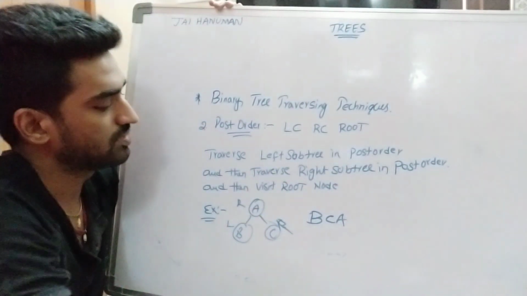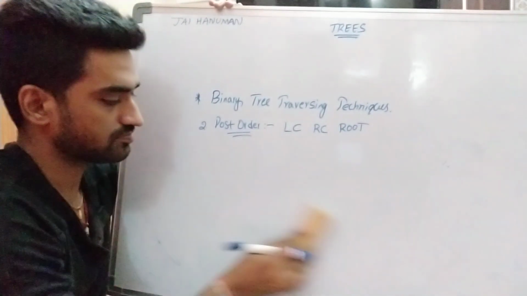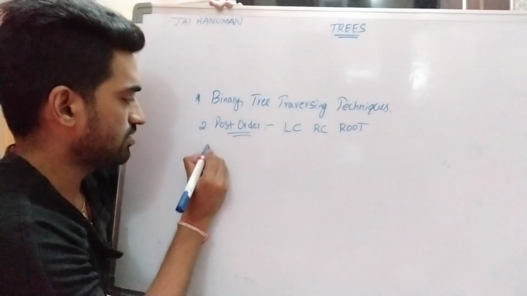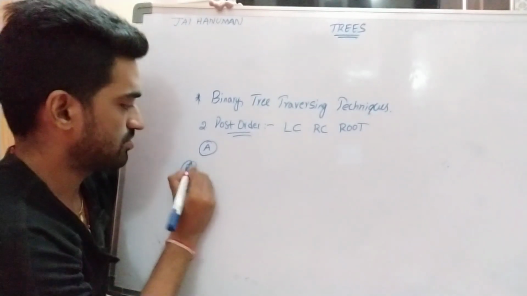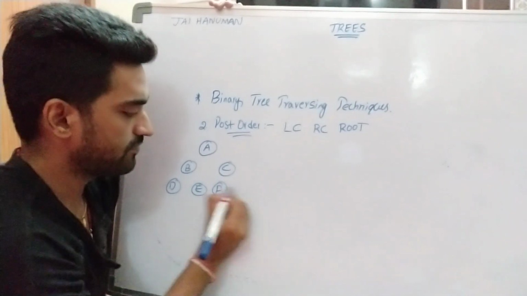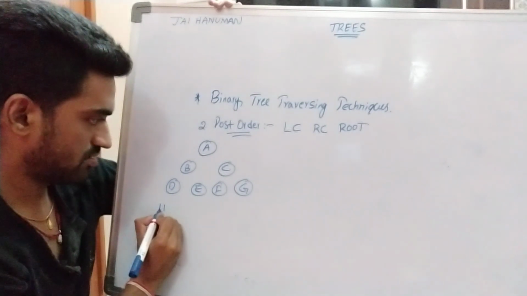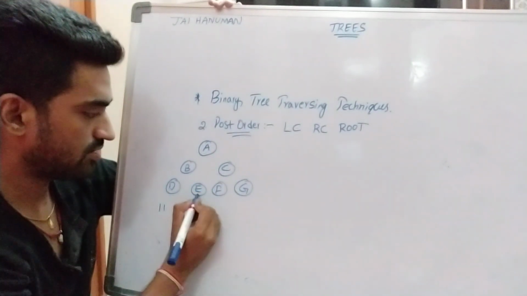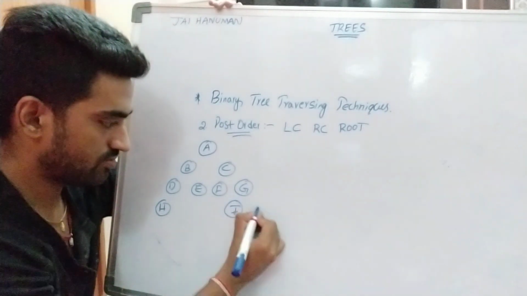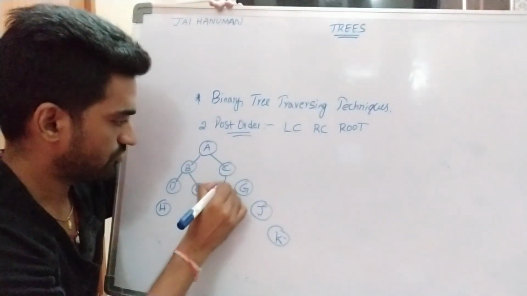So here I am taking one more example for post order. So here I am taking A, B, C, D, E, F, G, H, I, J, K. Fine.